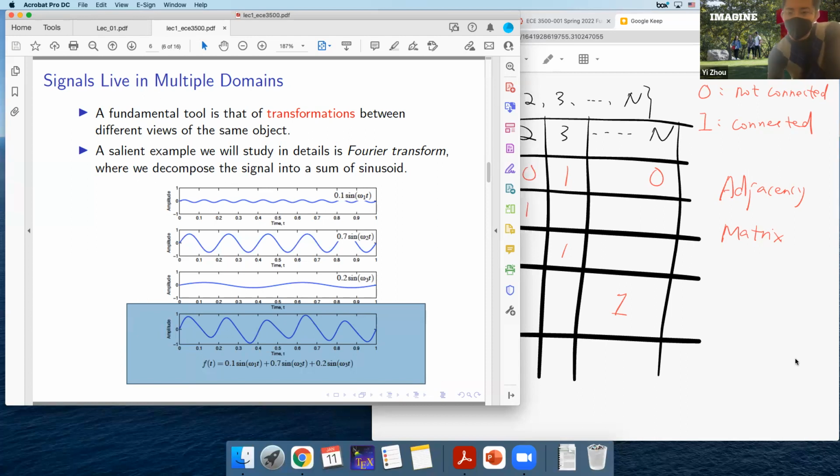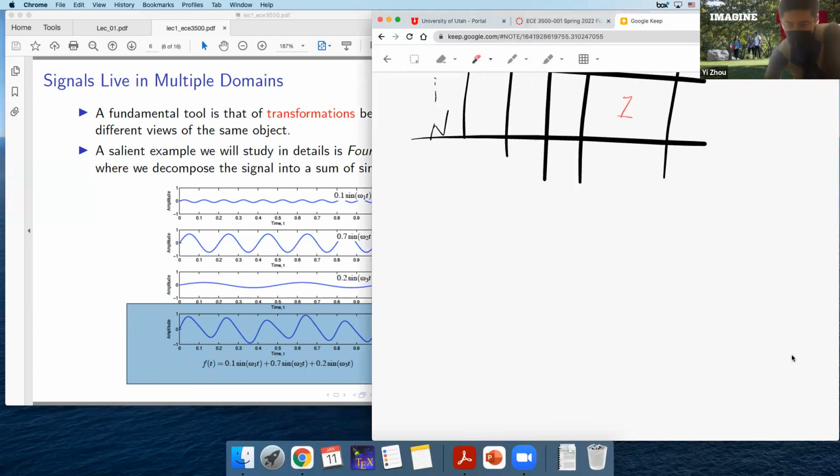But then later you will learn that, for example, later we will introduce a signal called impulse signal, which is basically this, we call it delta t.